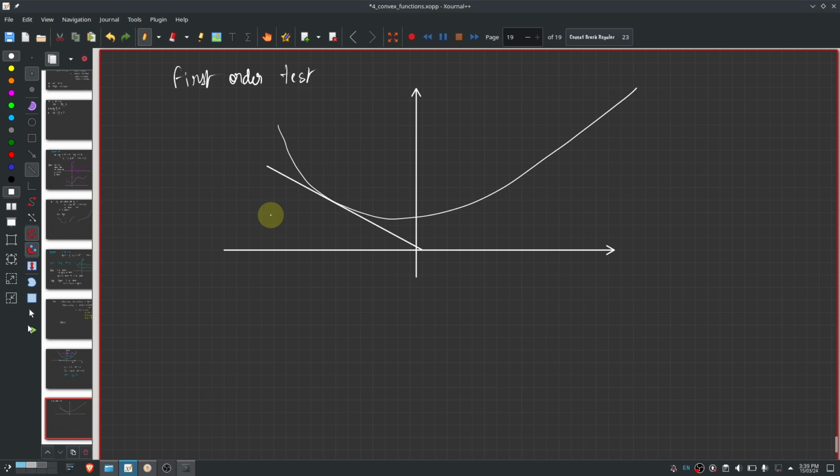Now let's think about this in terms of the epigraph. The epigraph is this particular set. If I take any tangent on the curve, what does this correspond to for the set itself? Yeah, it's a supporting hyperplane, correct? And what have we seen about the supporting hyperplane for convex sets?